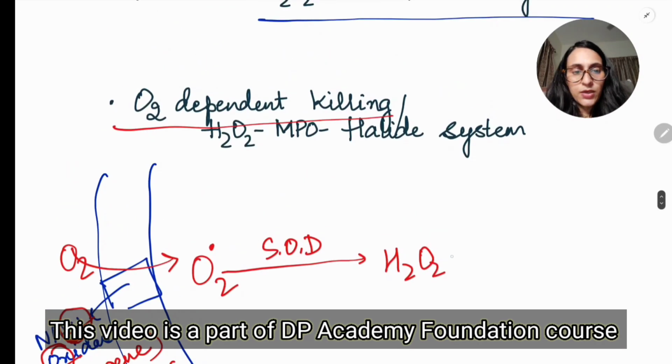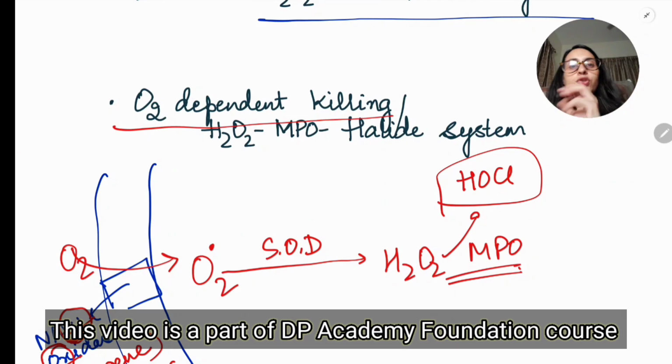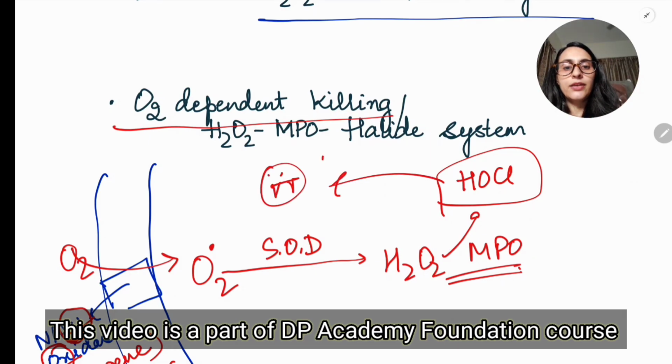This hydrogen peroxide is going to get converted to HOCl with the help of myeloperoxidase enzyme. HOCl is nothing but hypochlorous acid, or basically bleaching powder. So inside the cell, our body is making bleaching powder just to kill the bacteria, and this kills the bacteria. This is oxygen dependent killing.